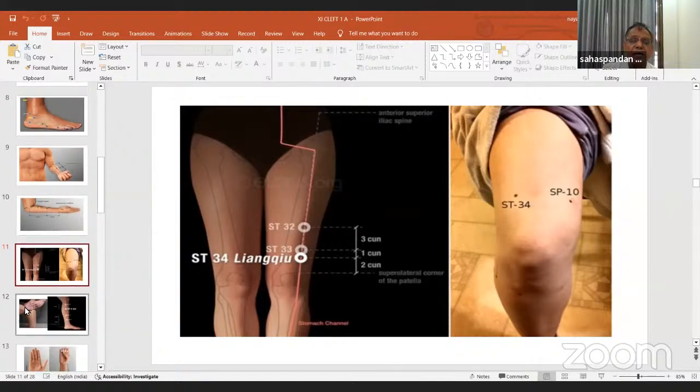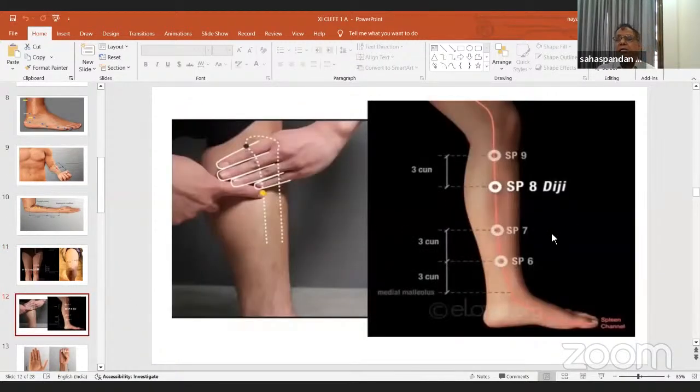The next point is spleen 8, SP8. SP8 has an important action of resolving blood stasis in the uterus and lower abdomen, and is indicated in the treatment of dysmenorrhea, especially acute cases, irregular menstruation, and abdominal masses in women due to this pathology.